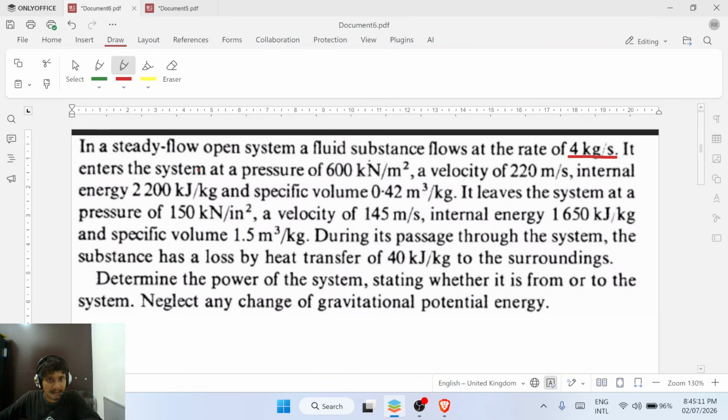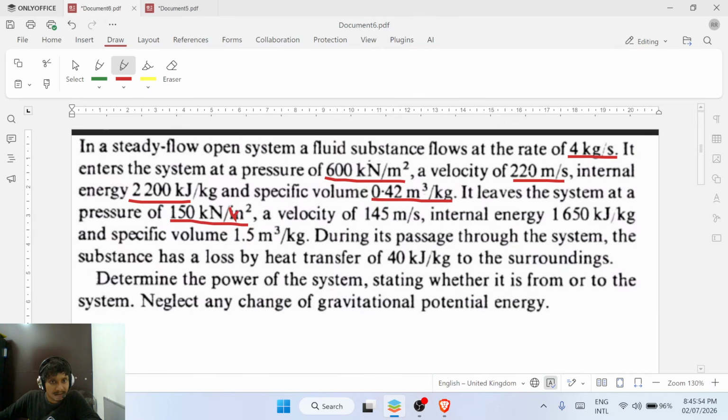It enters the system at a pressure of 600 kilonewton meter minus 2, that is, 600 kilopascal, with a velocity of 220 meter per second, an internal energy U1 of 2200 kilojoule per kilogram, and a specific volume of 0.42 meter cube per kilogram.